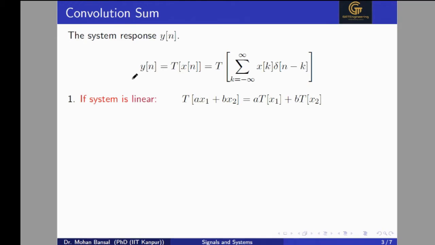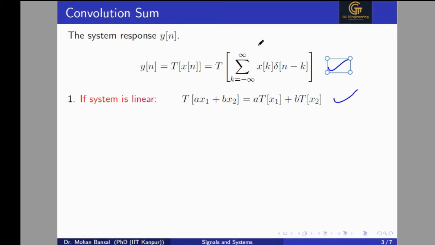Now we will check, if the system is linear, how we can represent this function in terms of the linear property. We know linear systems satisfy the additivity and scaling properties. If we write T of a x1 plus b x2, we can write a T x1 plus b T x2. This is the linear property, satisfying homogeneity and additivity.